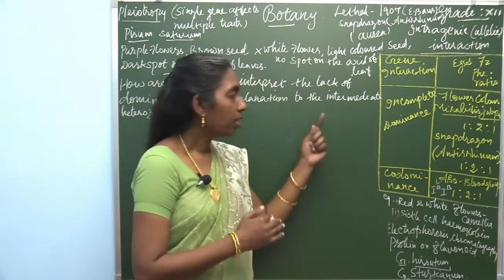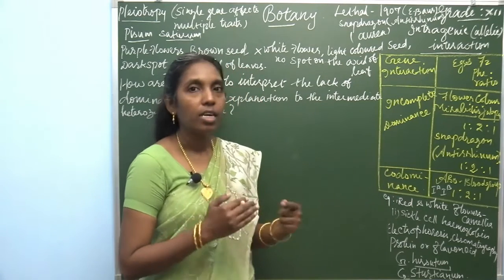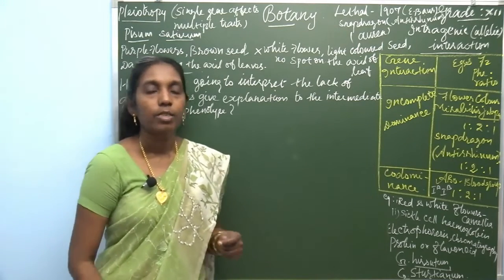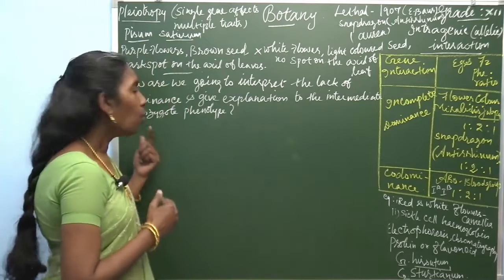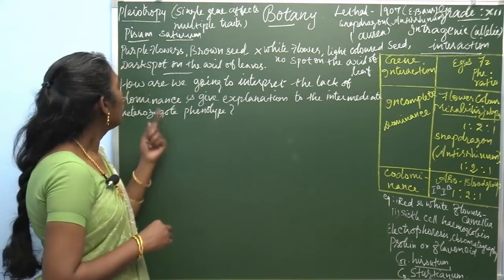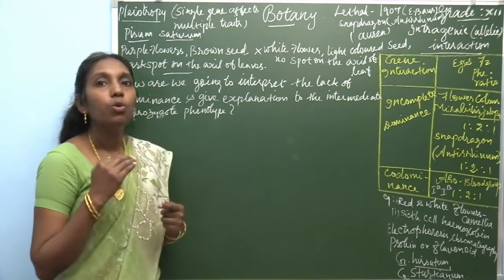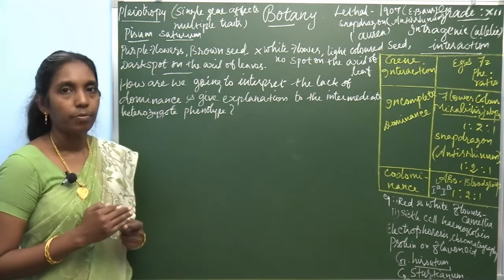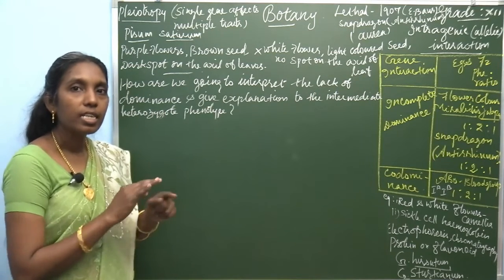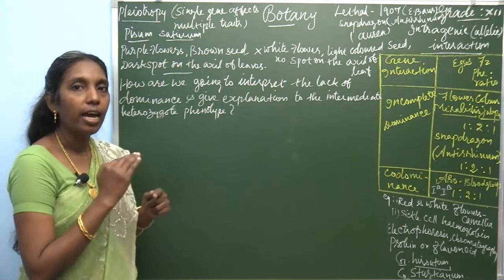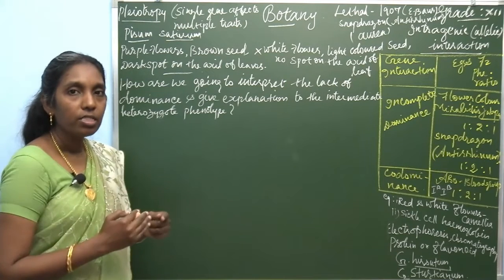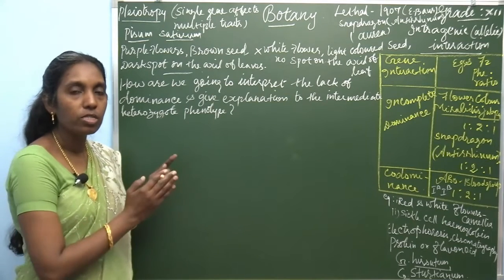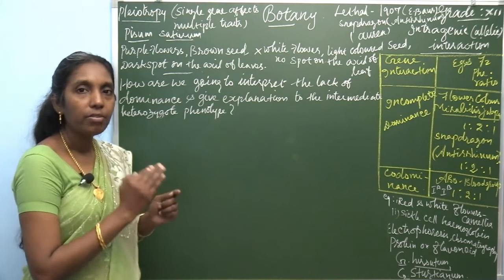Before learning other examples, let's see the molecular explanation of incomplete dominance. Once again we review the characters: how are we going to interpret the lack of dominance? Here in the F1 generation there is lack of dominance. The characters are red and white. But in the F1 generation, normally the homozygous dominant parent will express its character phenotypically and produce red color.